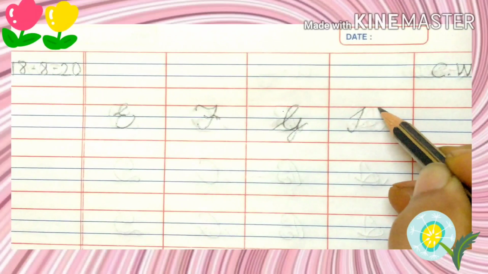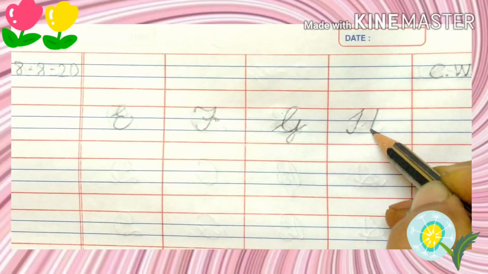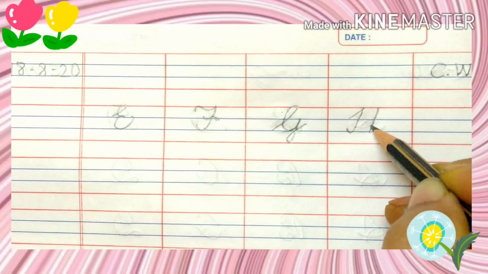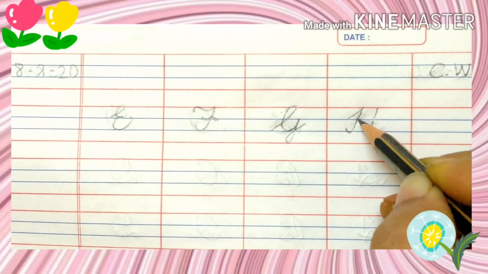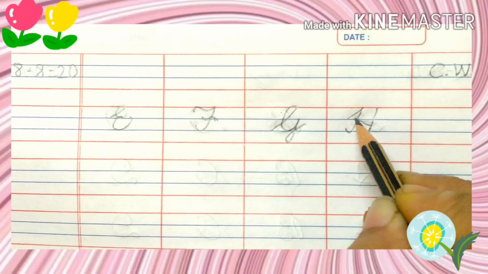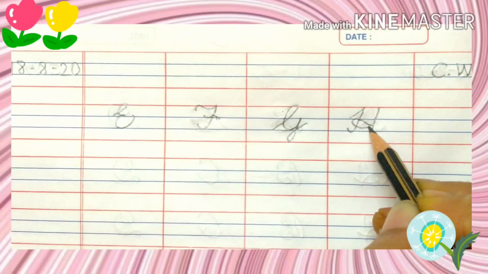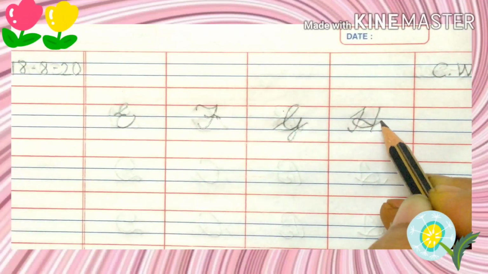Again make a slant line. So put your pencil on the top line, make a slant line like this, drag it up, make a slant line, touch it to the second line, make a curve, touch it here and make a tail like this.